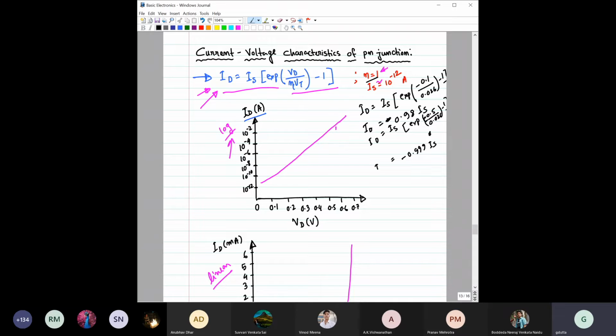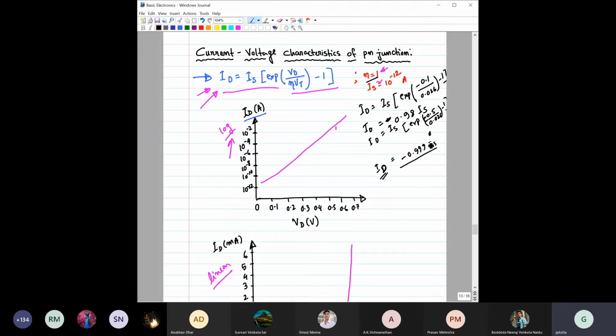So you can see that's the beauty here. In reverse bias, once you have crossed around minus 0.1 volt, if you keep on increasing the reverse bias voltage, this diode current, or PN junction current, will remain almost constant at the minus IS value.